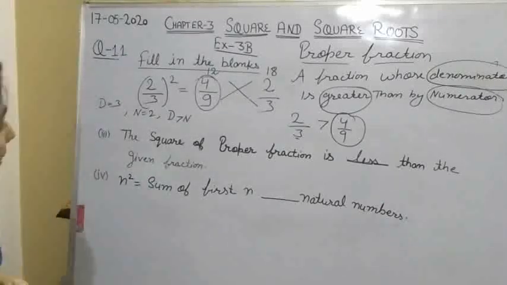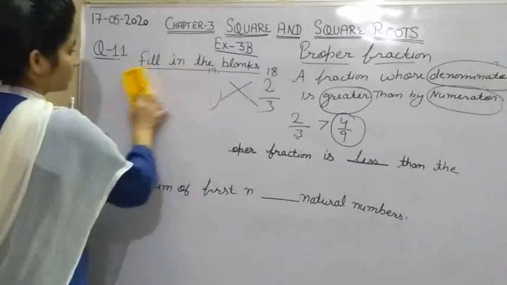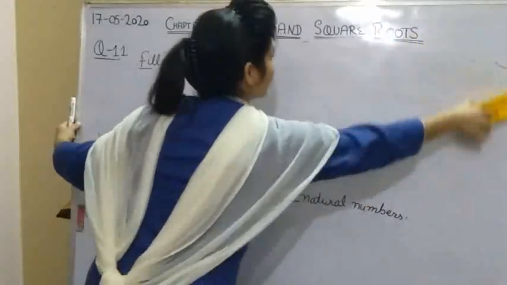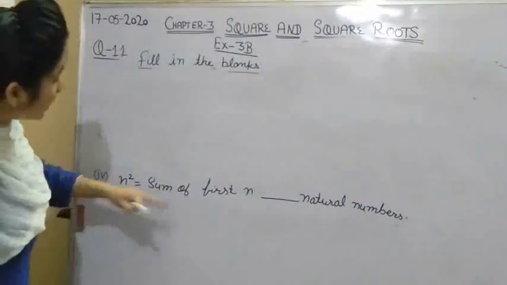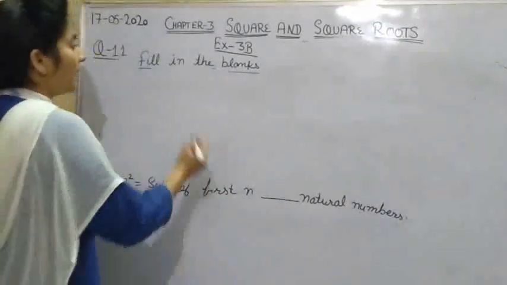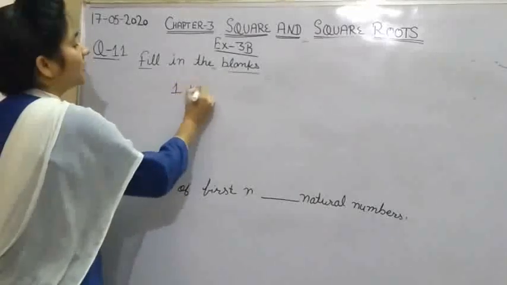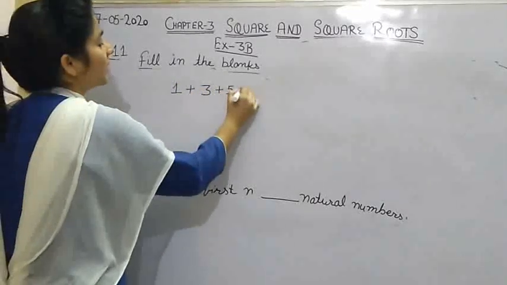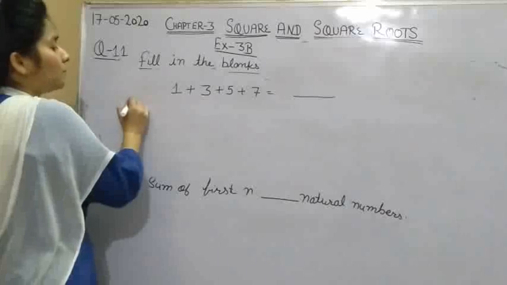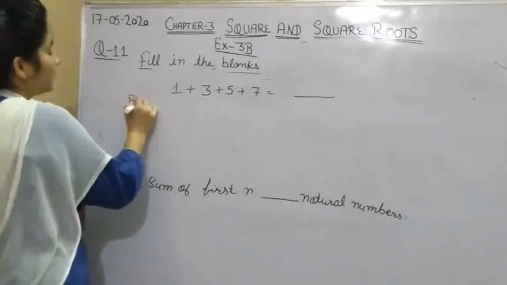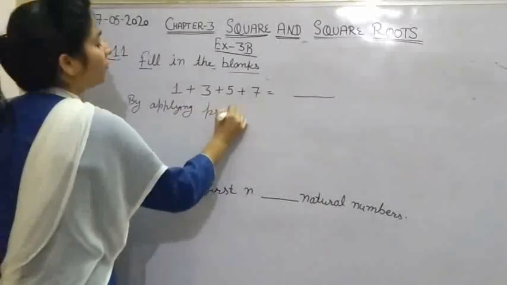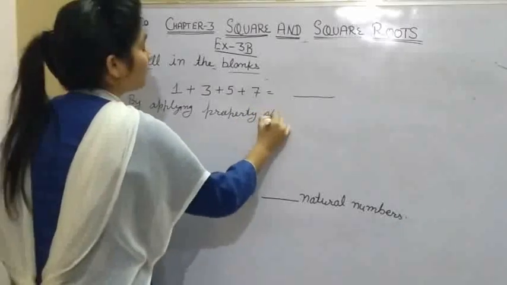And the last fill up is: n square, the sum of first dash natural numbers. In the previous lecture, we have discussed a question like this, by applying the property of the perfect square.